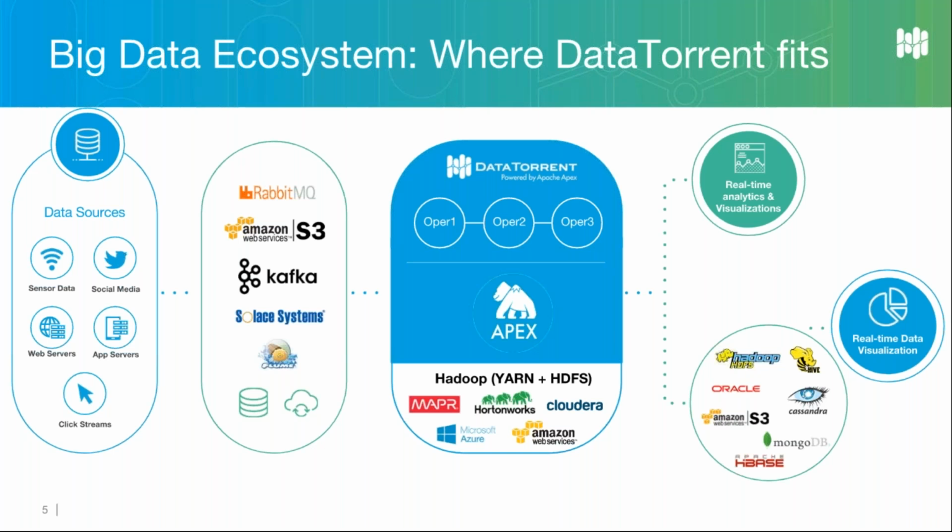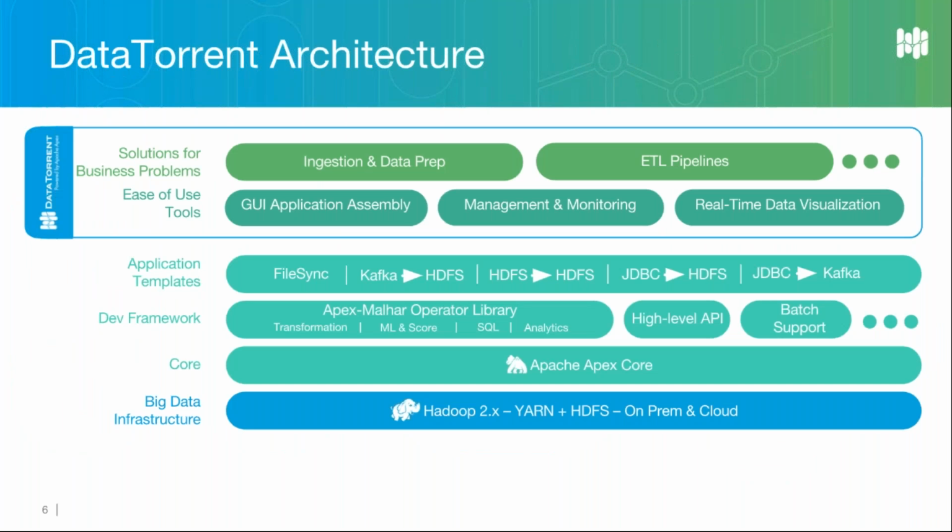Apex runs on Hadoop YARN. It is native to Hadoop YARN, and various other distributions are supported. Then we can do real-time analytics and visualization on the data, and output it to other sinks as mentioned in the figure.